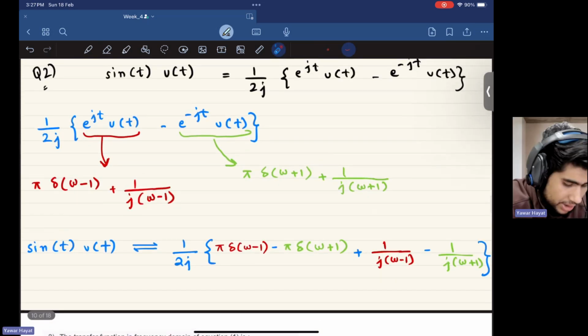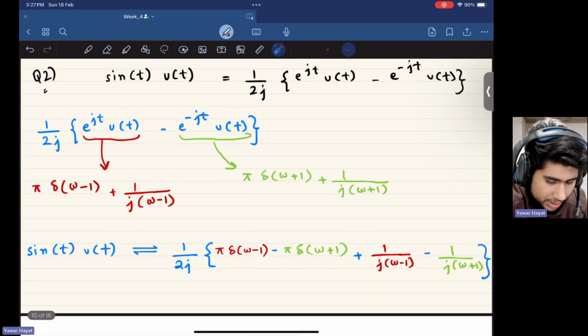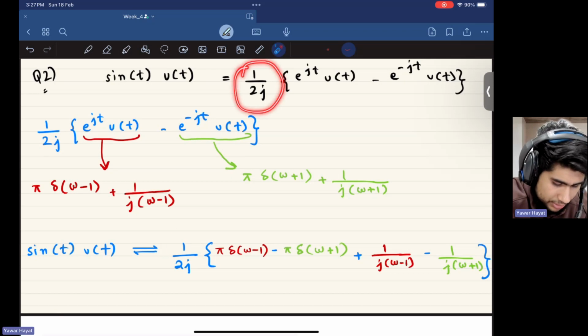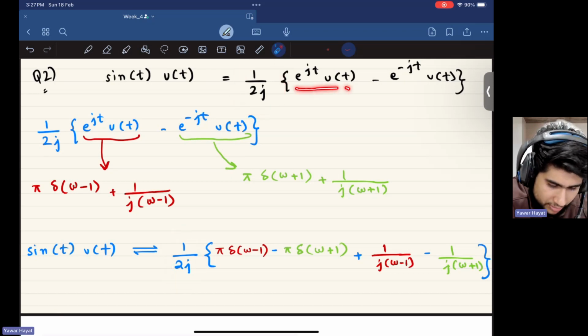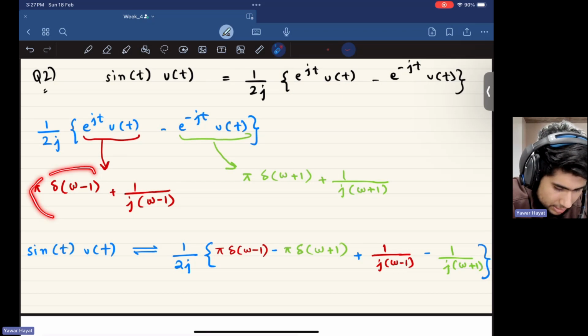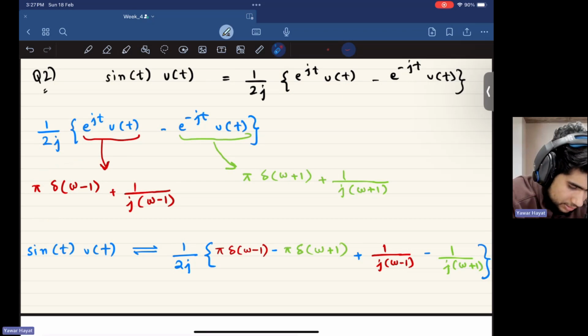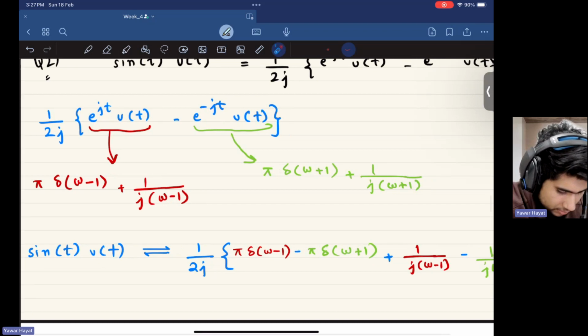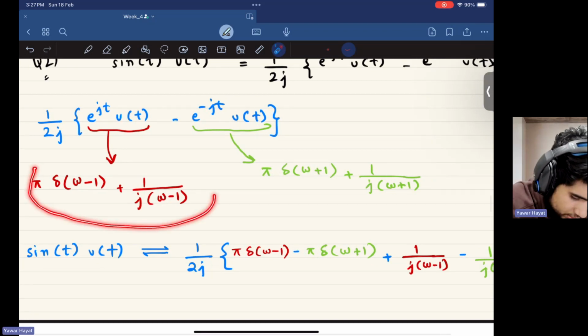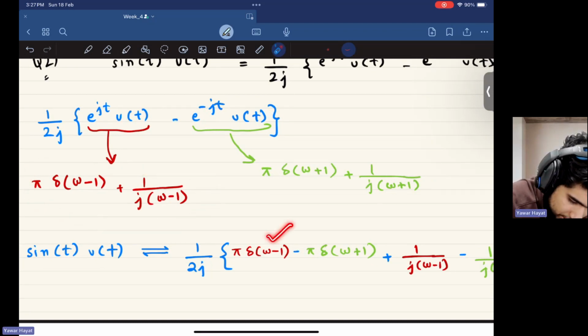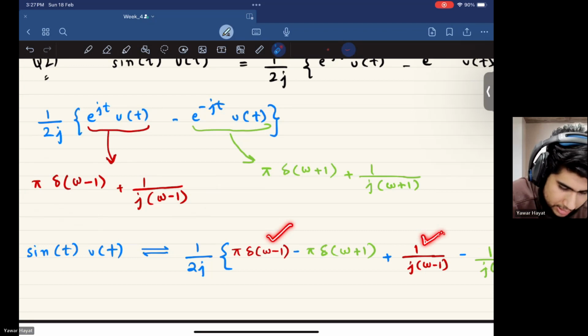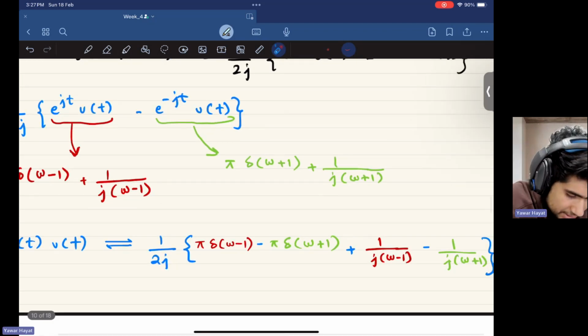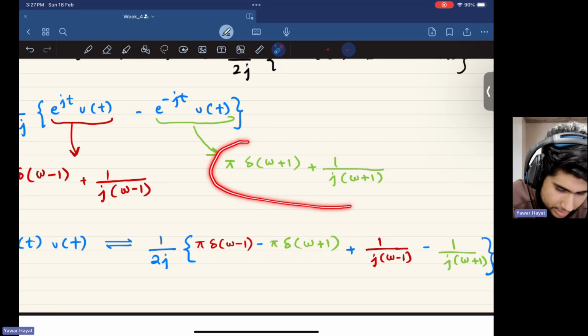So then the Fourier transform of sine of t u of t would be 1 over 2j. The Fourier transform of this, this and this, minus this.